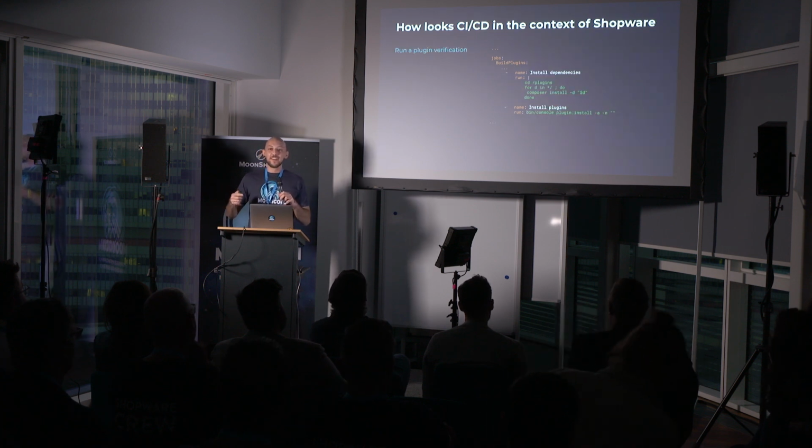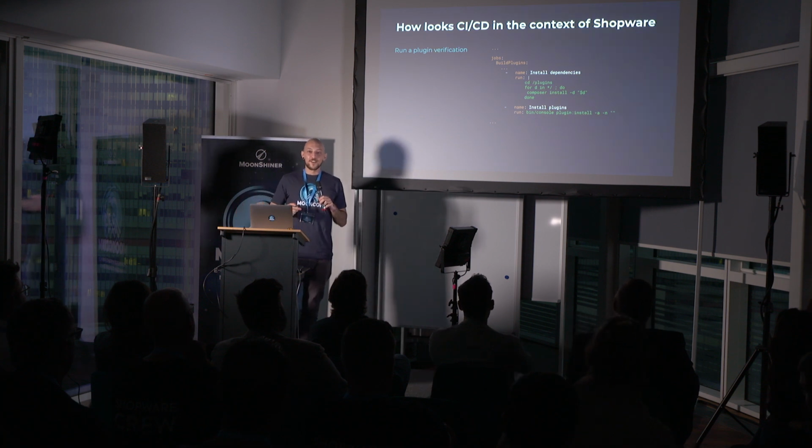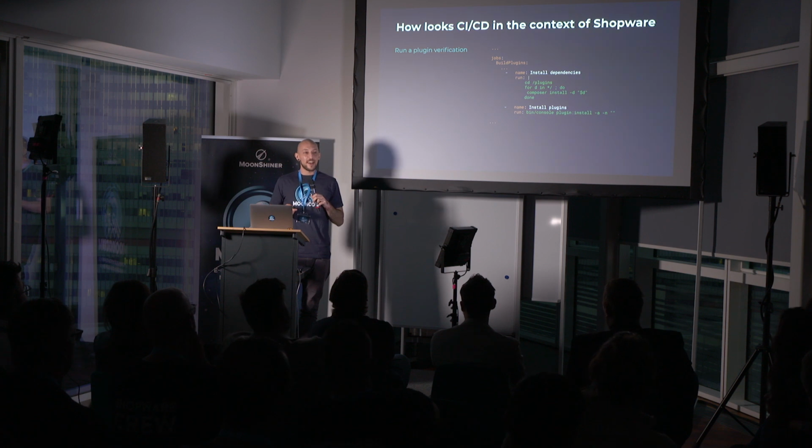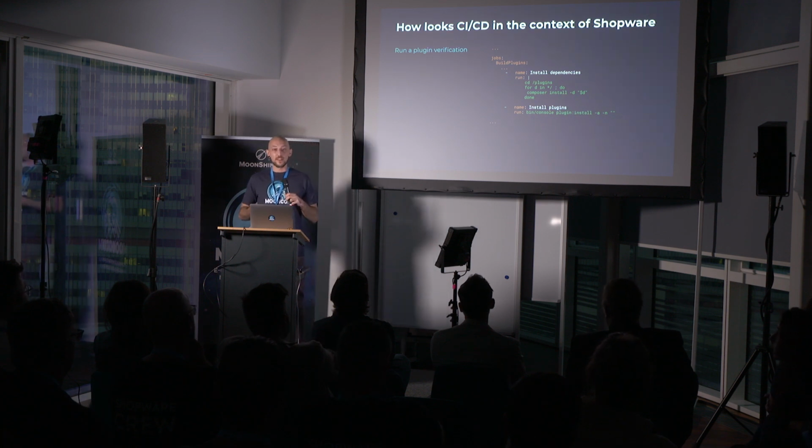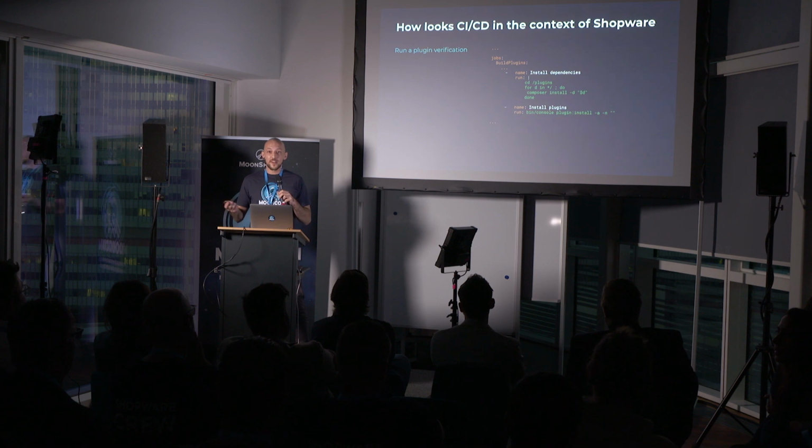The first one would be a plugin verification. For Shopware, as mentioned, there are plugins to modify it, and what you don't want is deploying to production, or maybe to your clients or to a testing server for yourself, and when you try to update or install your plugins, you get errors.